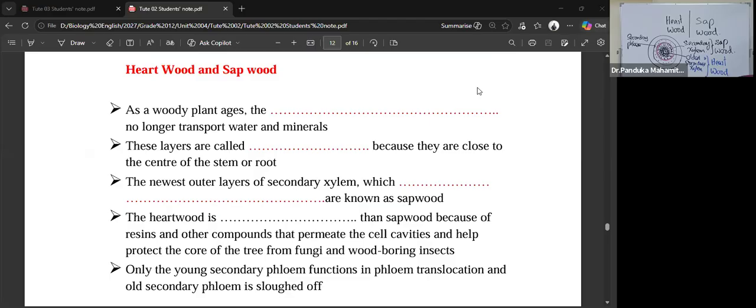Yes, I am now sharing the note. I hope all of you have that note. So we'll read it and fill the blanks quickly.